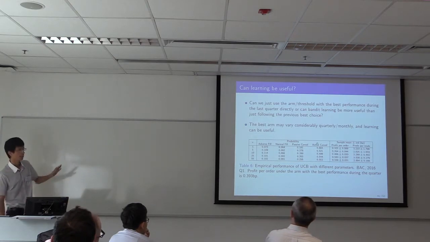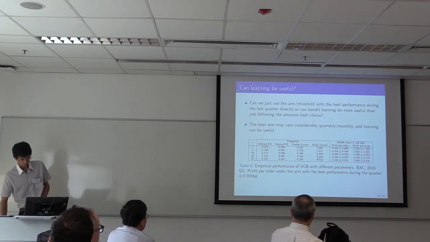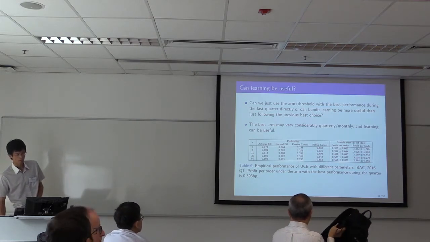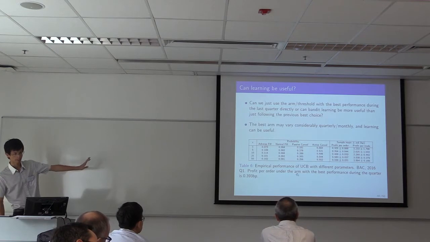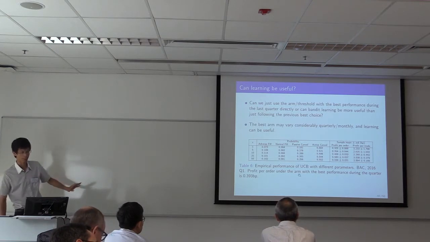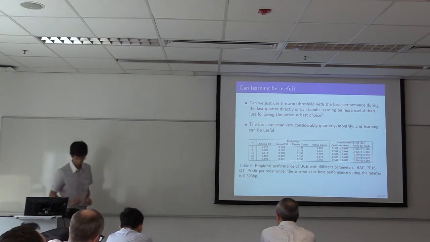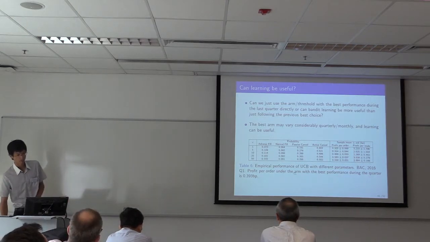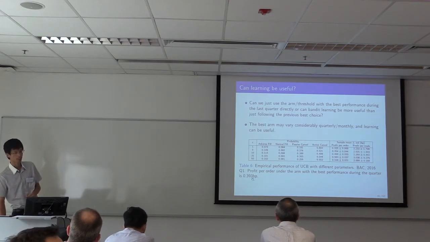Let me take it to the extreme and use this particular example to illustrate. In this example, I'm considering Bank of America. We can compute the profit per order under the arm with the best performance, where one arm corresponds to one threshold. If you fix the best arm, in this case, the profit you get is around 0.4 basis points.